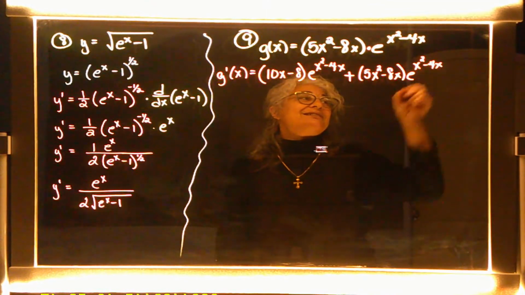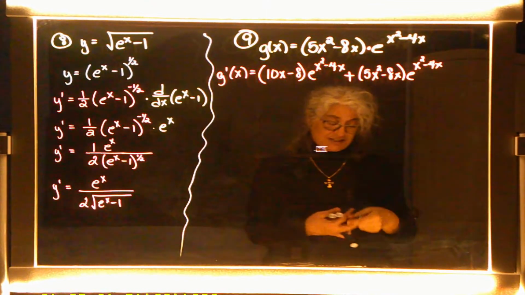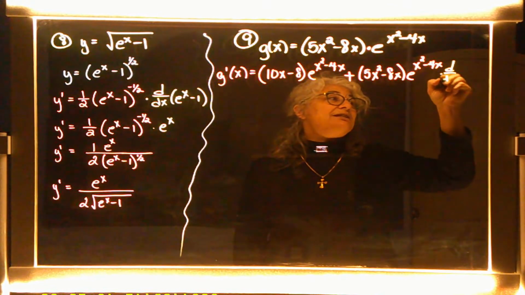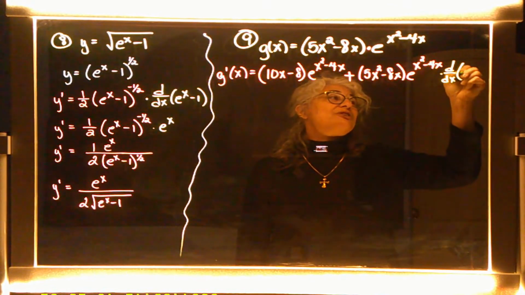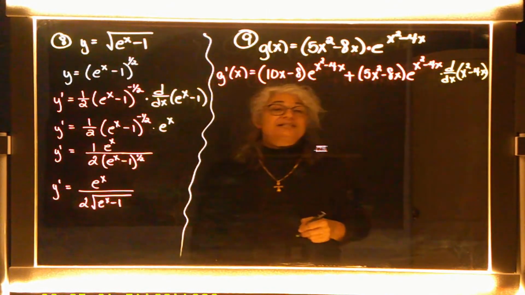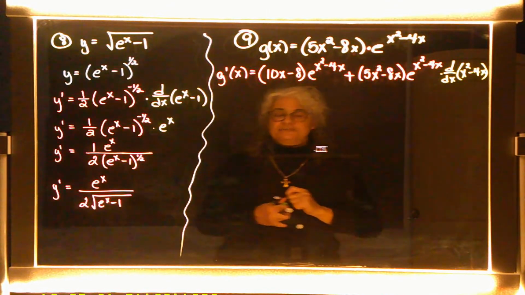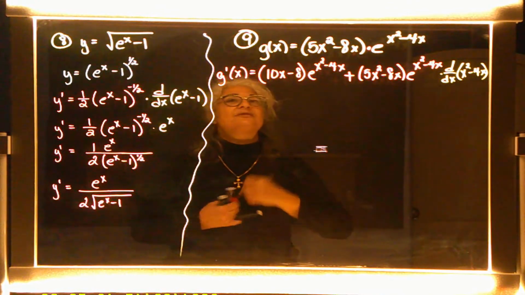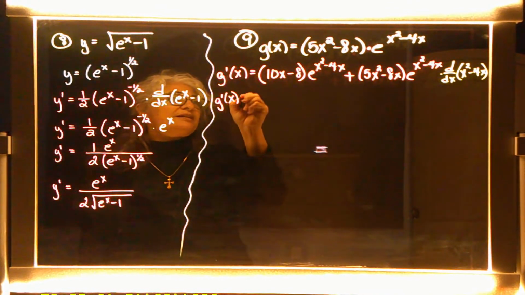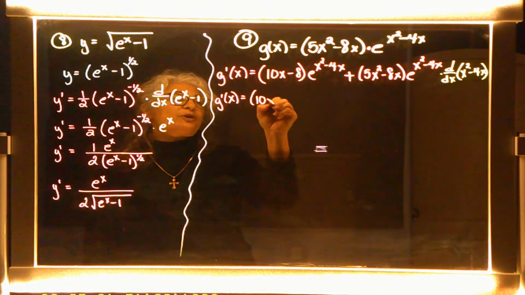But I've got to take the derivative of its power, x squared minus 4x. Right? So let's see what we got. The derivative of this, I'm just rewriting.